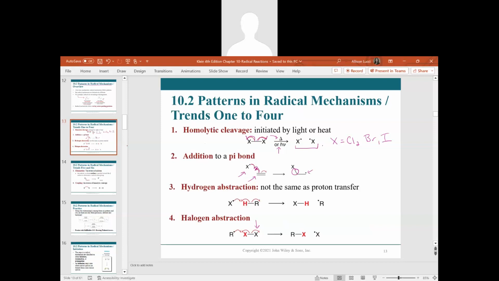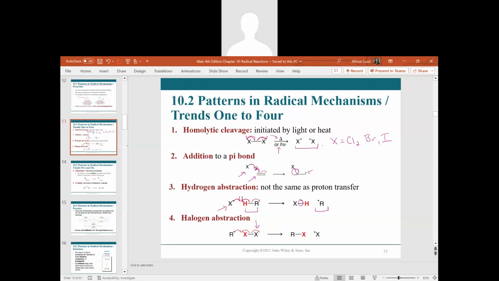In pattern 3, we have hydrogen abstraction. We're going to remove a hydrogen from this HR species here, and we're going to generate a new radical. So our radical X approaches, and its electron gets involved in a bond, and so does one of the electrons in the covalent bond between H and R. We will have this new covalent bond formed between X and H, and then we have a new radical produced.